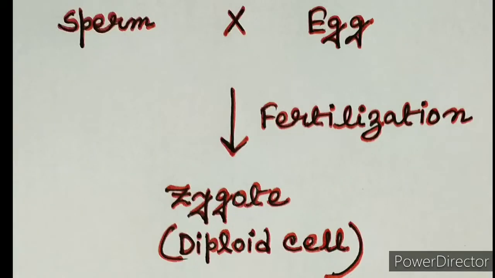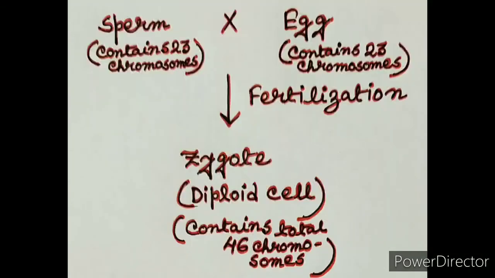A new life begins with the formation of the zygote. So here we can see 2 parents of opposite sex are involved in the fertilization process, and it must involve fusion of male and female gametes. Here for the human beings, the male gamete is the sperm and the female gamete is the egg or ovum.